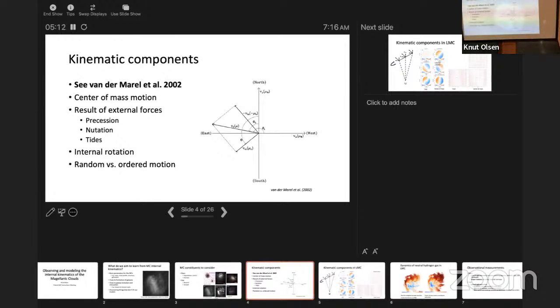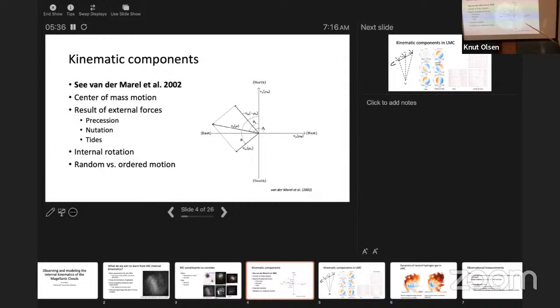Before diving into working on this, Roeland van der Marel published a really fundamental paper in understanding the kinematics that we see of galaxies like the Magellanic Clouds that really subtend large angles on the sky.